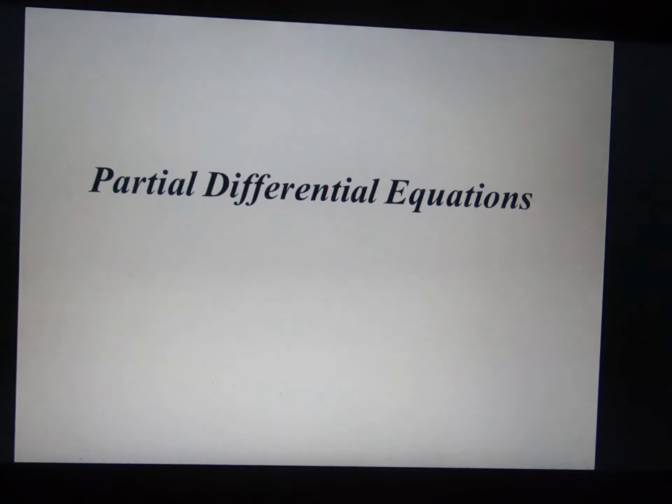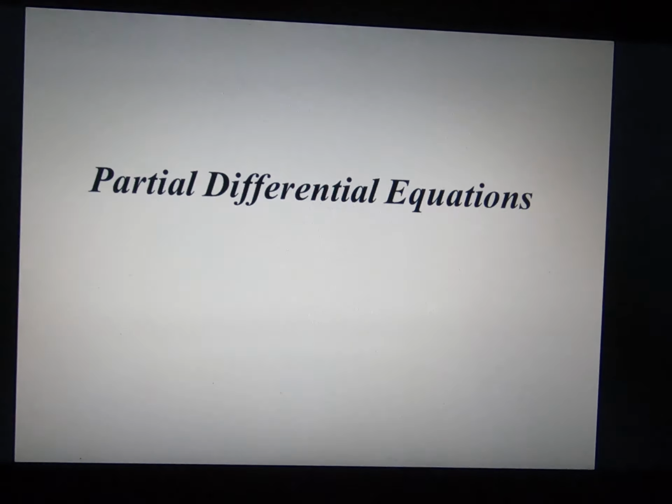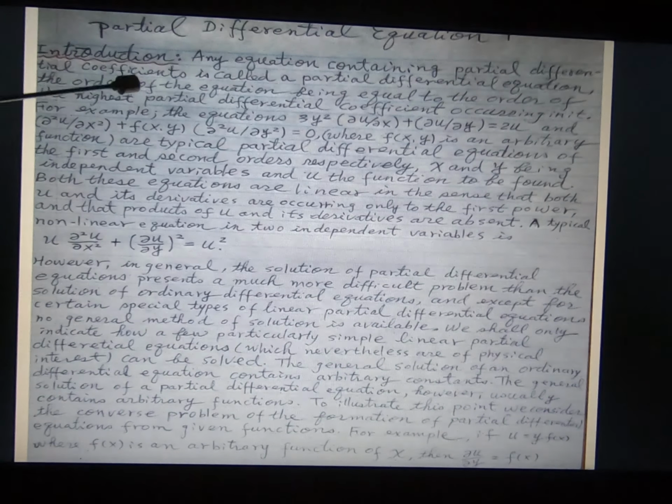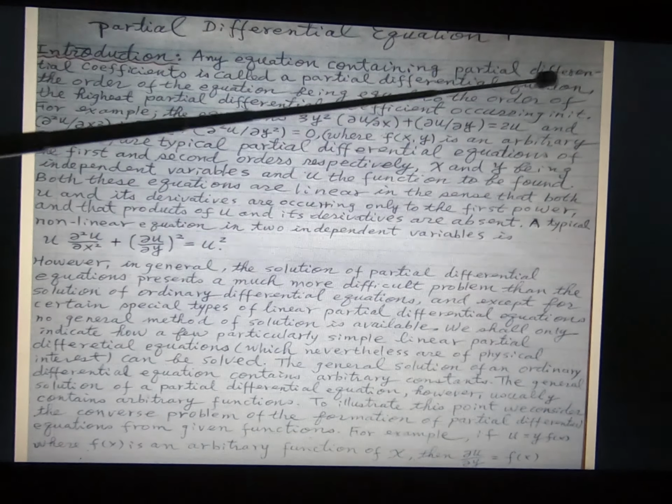Partial differential equation, which is much harder to solve than the ordinary differential equation. So any equation containing a partial differential coefficient is called a partial differential equation. For example, this is a second order partial differential equation.